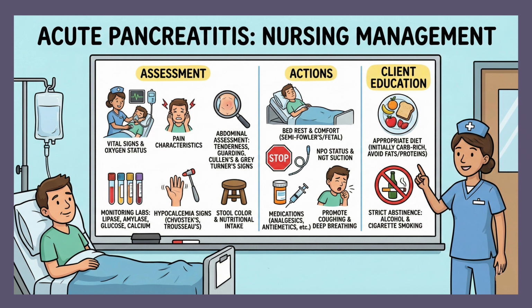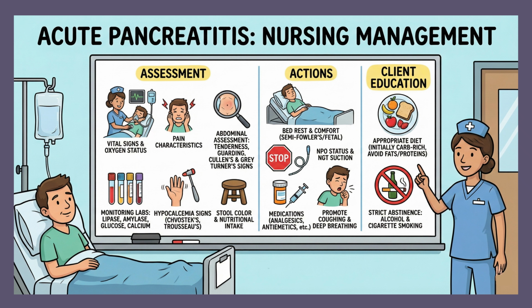Acute pancreatitis nursing management involves vigilant assessment of vital signs, oxygen status, and pain characteristics. Abdominal assessment includes palpation for tenderness, guarding, and the presence of Cullen or Grey Turner signs, which signify severe complications like hemorrhage. Monitoring serum lipase, amylase, glucose, and calcium levels is crucial.